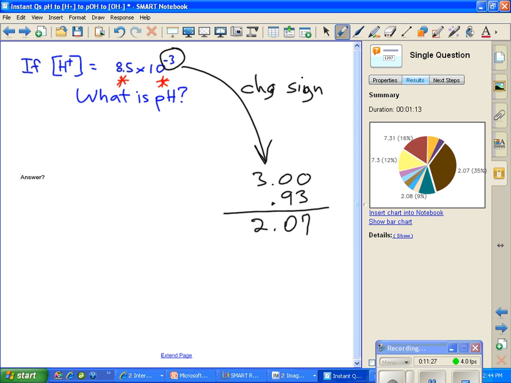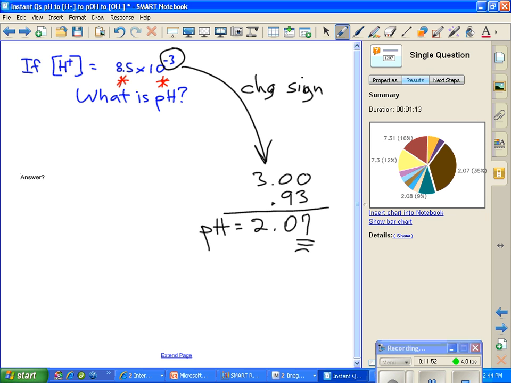Why not? You just estimated it as 9.2 instead of 9.3. That's no big deal. See this digit right here. That's pure guesswork. You're estimating. Can't be that accurate. So that then becomes our pH.